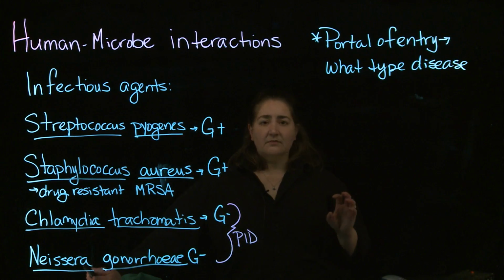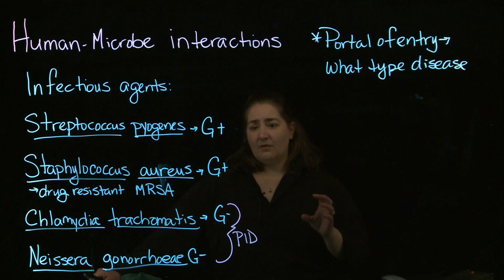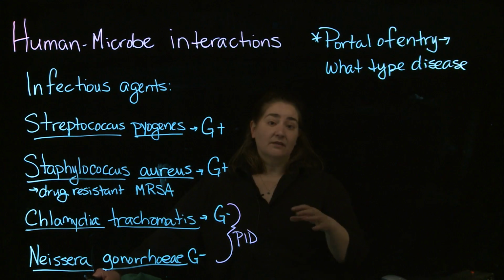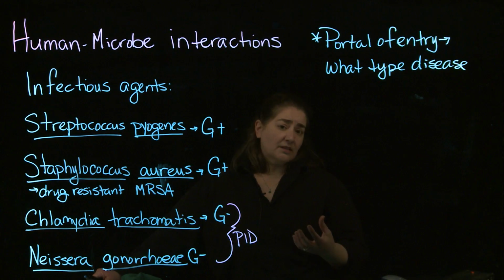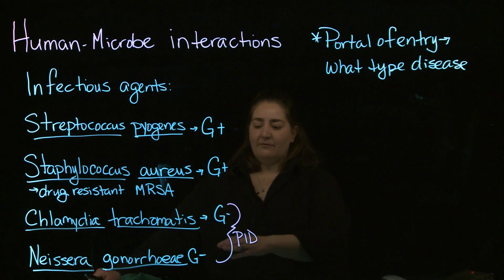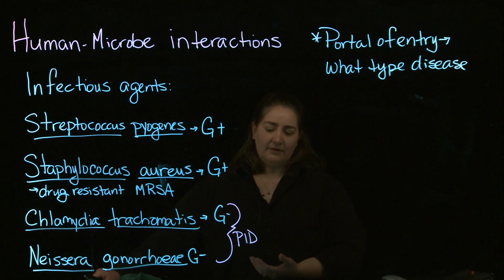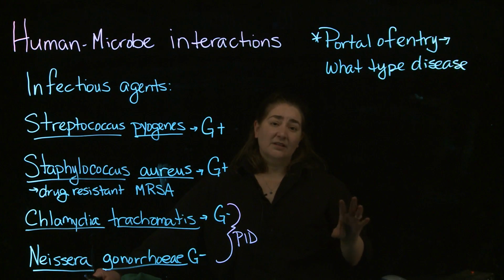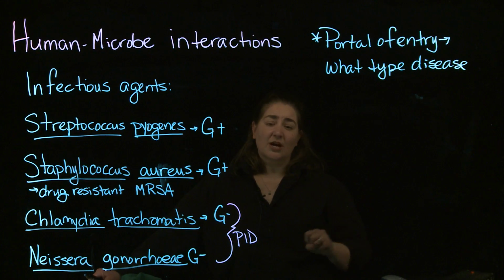The reason for that is more often than not with women, these two bacteria can be a silent infection, meaning the woman is infected with the bacteria but doesn't have overt symptoms. Those bacteria continue to hang out in the reproductive tract.